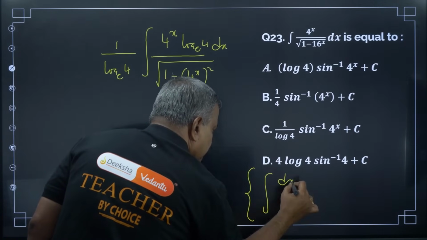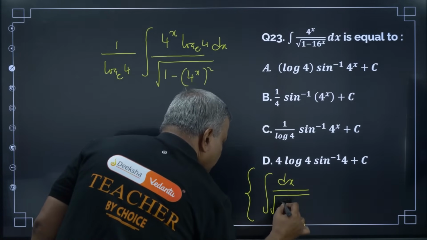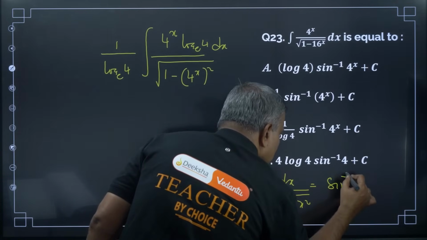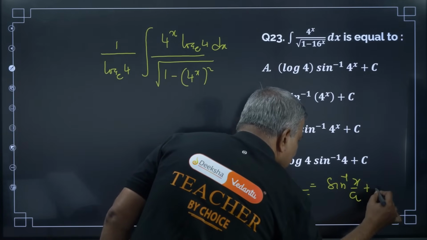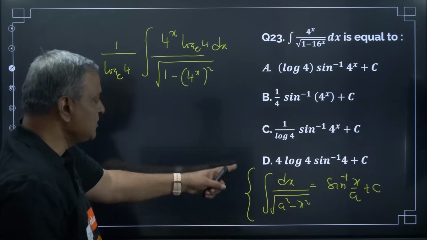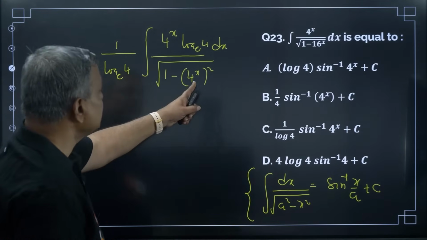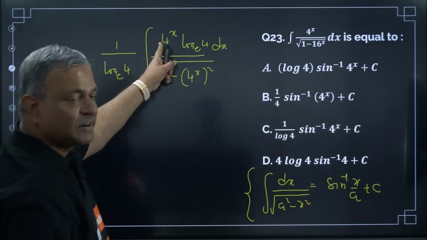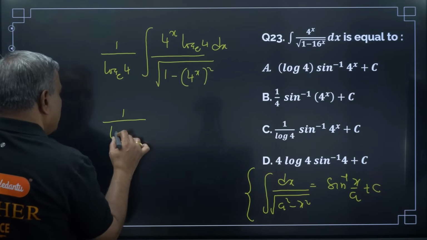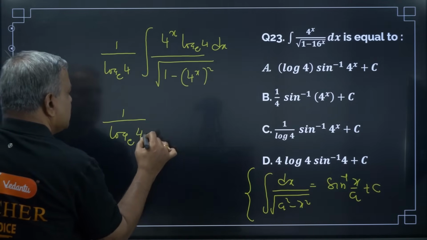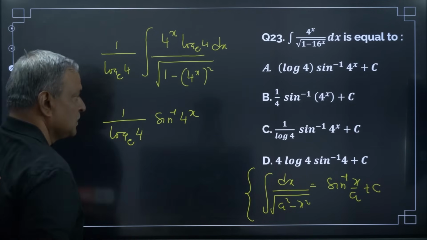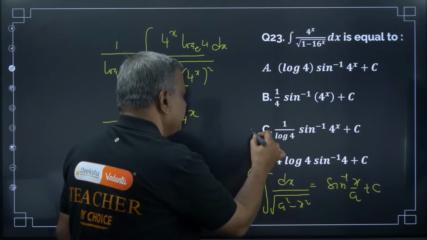Integral dx by under root of a square minus x square is equal to sine inverse x by a plus c. So a is equal to 1, so 1 minus 4 to the power x whole square. The derivative of 4 to the power x is 4 to the power x log base e 4. So this will give you 1 by log base e 4 sine inverse 4 to the power x. So option C is correct.